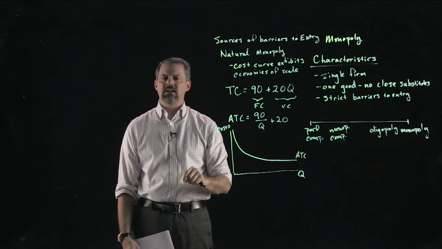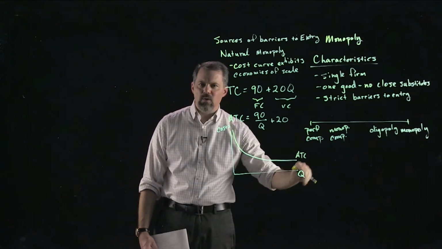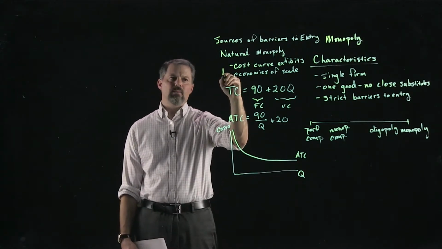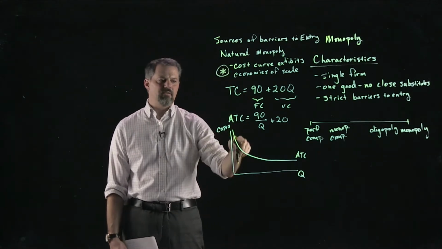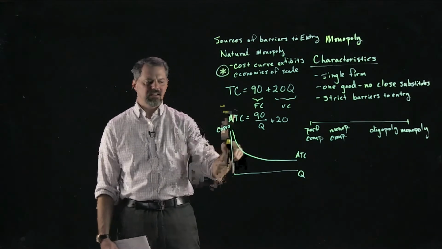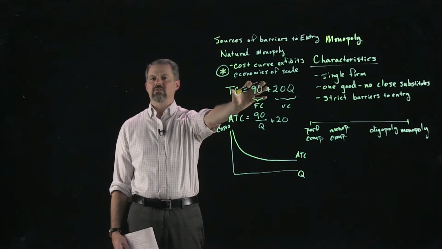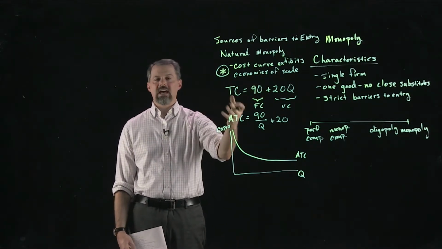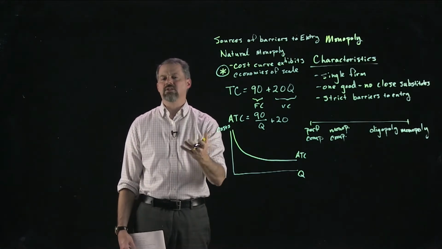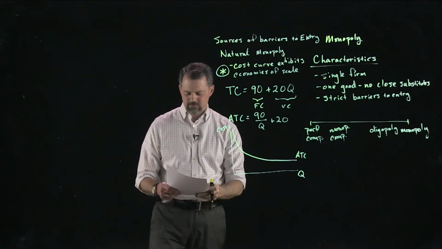As we increase quantity, average total cost is always declining. That's what we mean by economies of scale right there. That total cost curve exhibits economies of scale. That would be an appropriate total cost curve to use for a natural monopoly, something like a public utility, like a water utility.